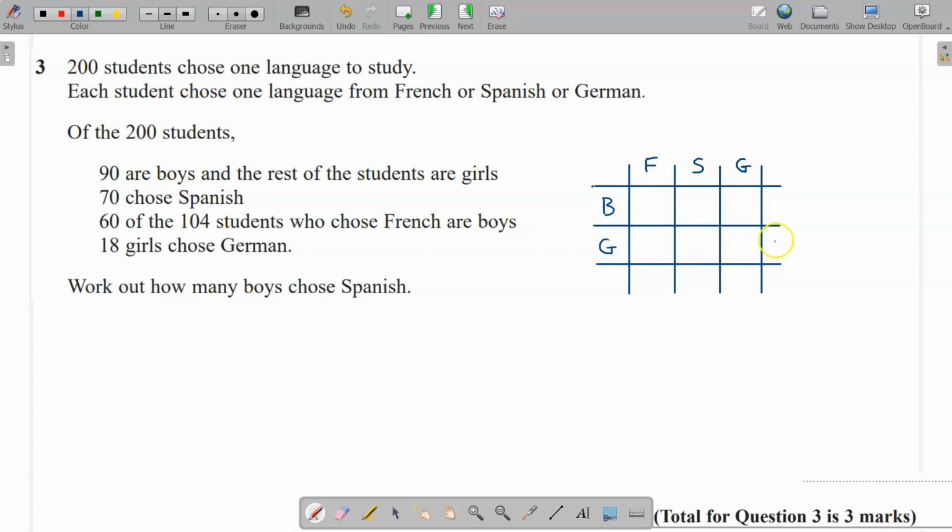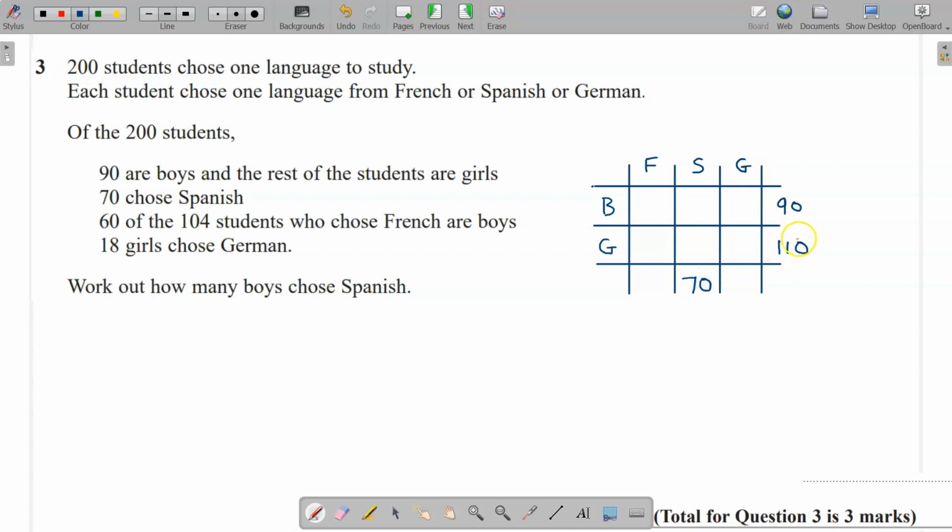Okay, we're told that there are 200 students and 90 are boys. So if 90 are boys, that's the total number of boys, then we can say that there must have been 110 girls because the total is 200. We know that there are 70 who chose Spanish, so we'll put the 70 underneath there, you see.